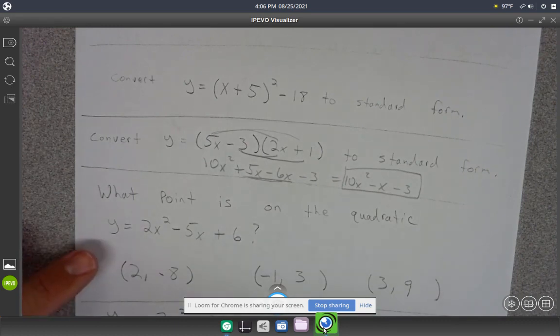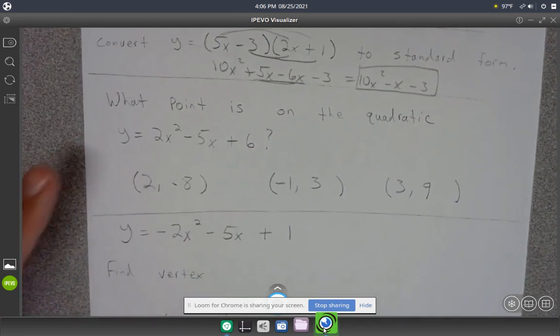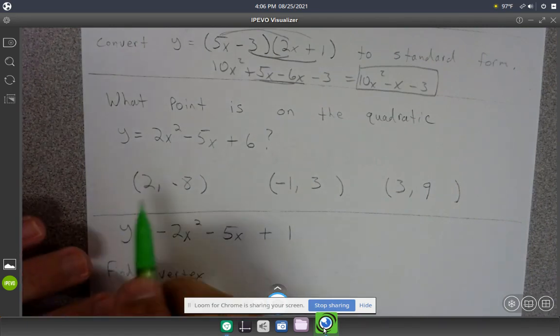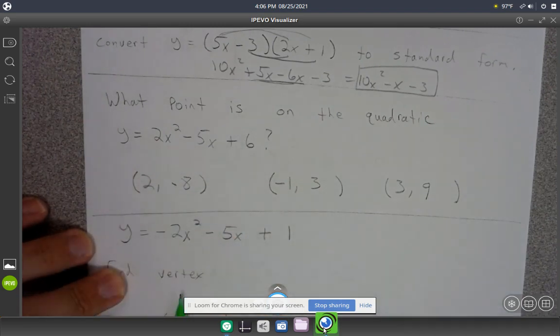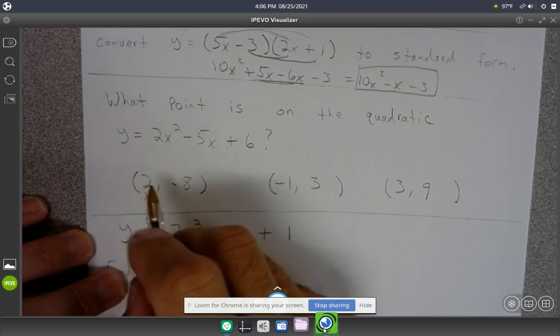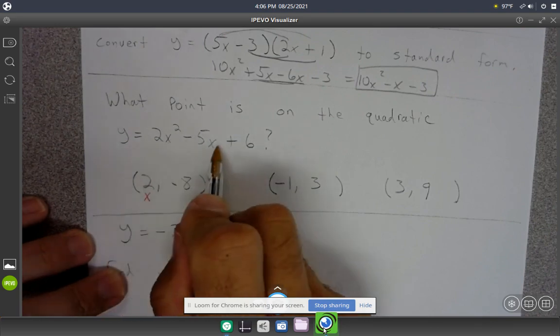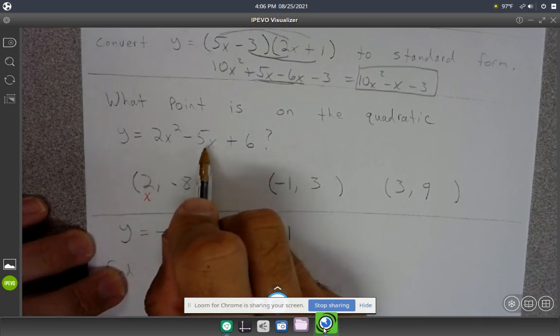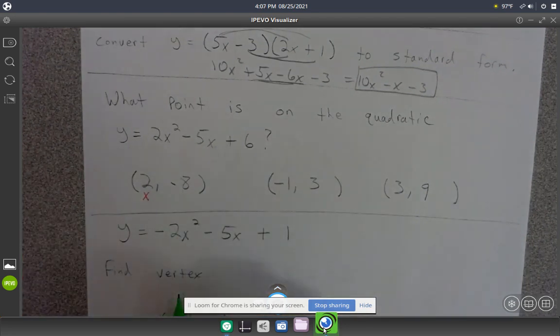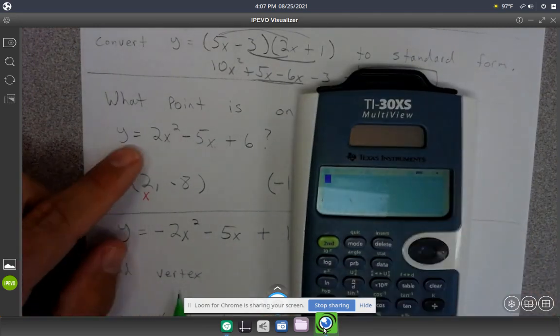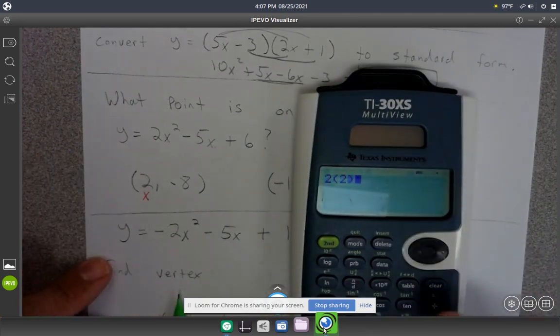Nice. All right, the next one. What point is on this quadratic? What you want to do here is take the answer options and plug them in for x and y. So the 2 stands for x. You plug that in for this x and that x and see if the whole thing gives you a negative 8. So it'd be 2 times 2 squared minus 5 times 2 plus 6.